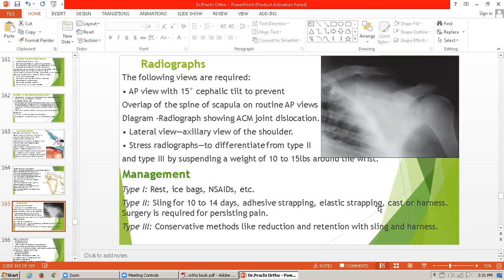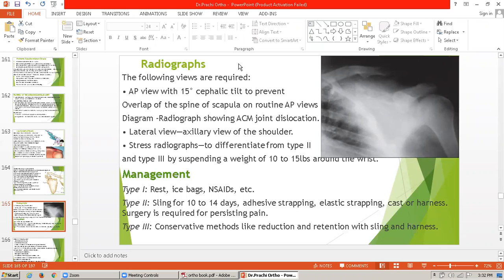There is also a stress radiograph to differentiate type 2 from type 3 by suspending a weight of 10 to 15 lbs around the wrist. So this is an X-ray which shows AC joint dislocation.